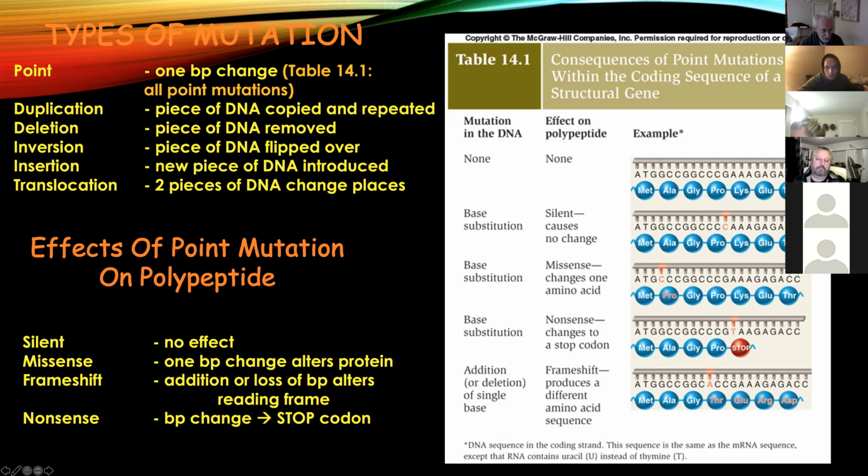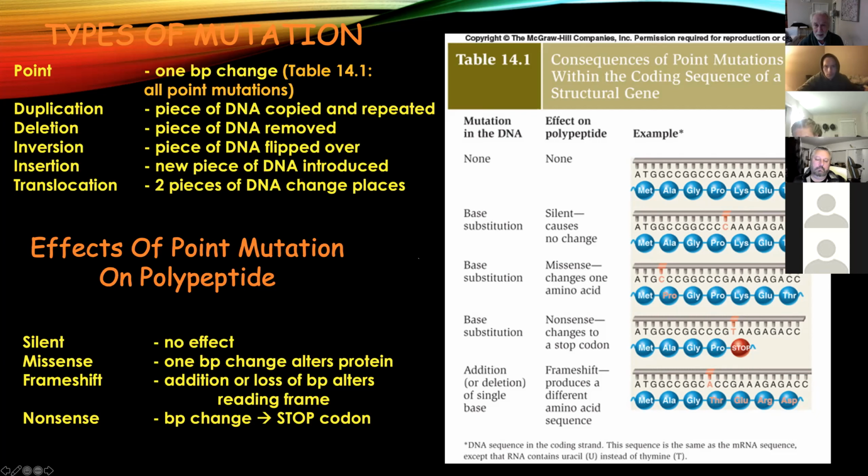And finally, a nonsense mutation is stop. If there's a stop codon in the protein coding region, it's called nonsense. It means that the polypeptide terminates at that point, and it's very likely to be inactive because it's terminated early.